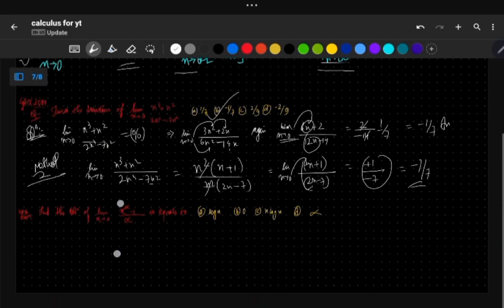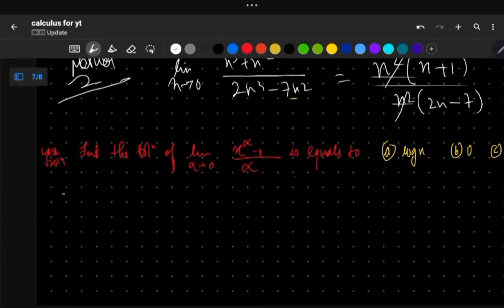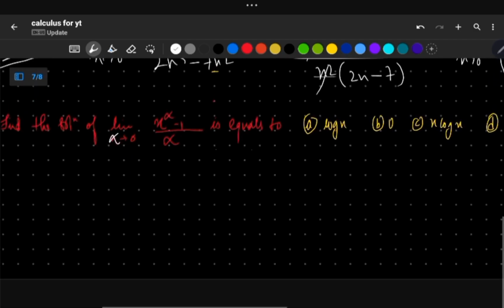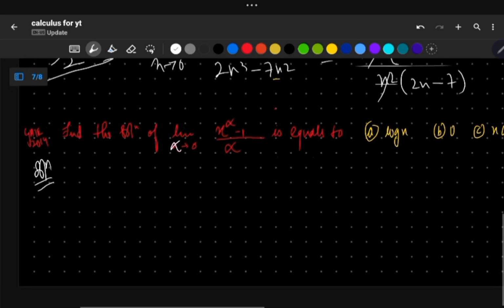So next question. Find the solution of limit alpha tends to infinity, in which x power alpha minus 1, these options are available. So what will you do? First we check whether it is an indeterminate form or not.